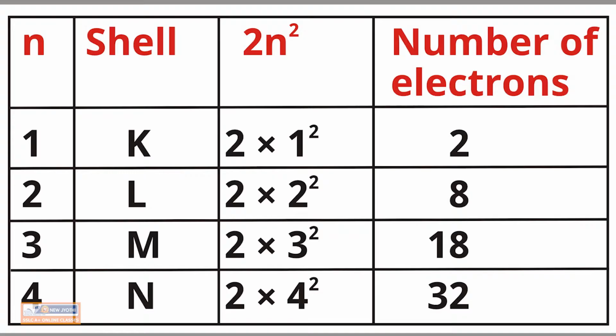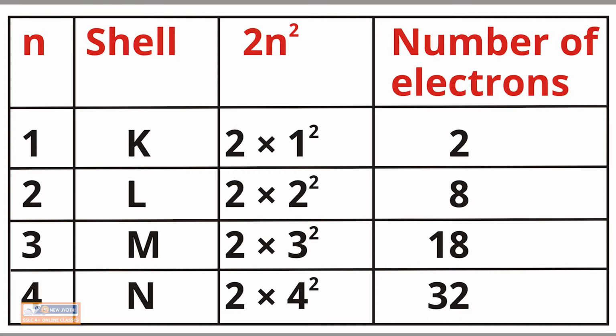We know that the maximum capacity to accommodate electrons in a shell is 2n squared, where n is the shell number. Look at the table. The n values are given there: 1, 2, 3, 4. The names of the corresponding shells are K shell, L shell, M shell and N shell. The first shell has n value 1. It is the K shell.